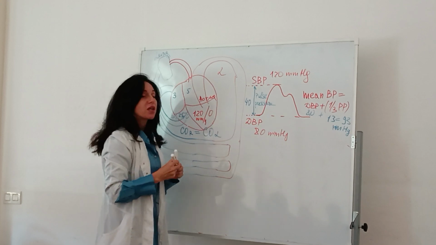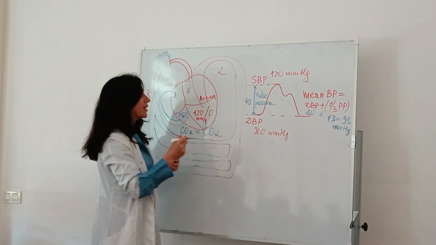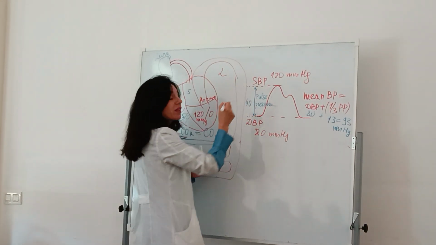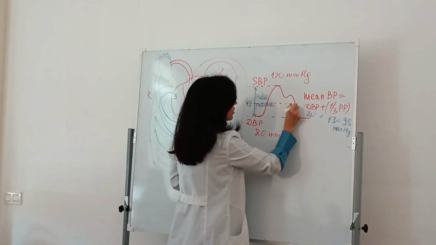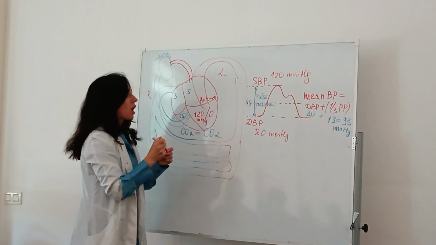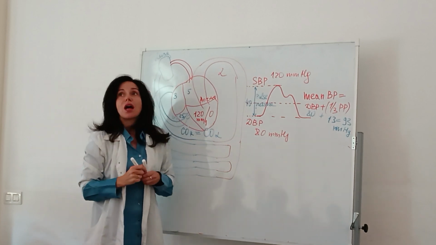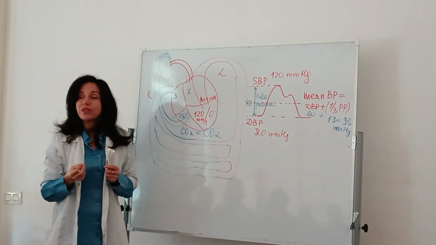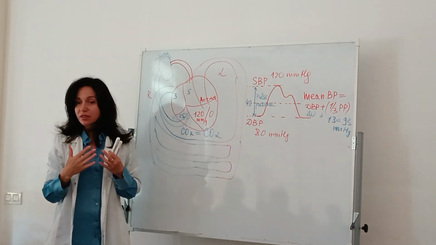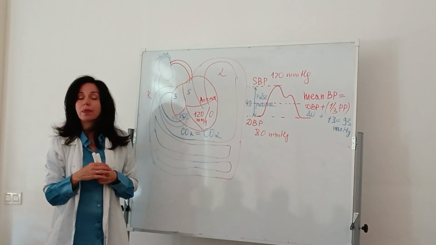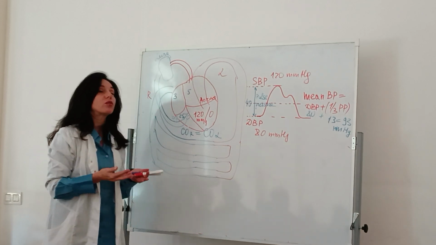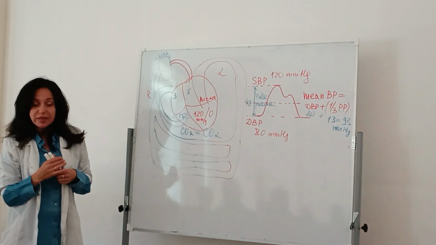Mean blood pressure is closer to diastolic blood pressure than to systolic blood pressure. Approximately here. Why? What is the duration of the systole phase at rest? About 0.3. What is the duration of the diastole phase?